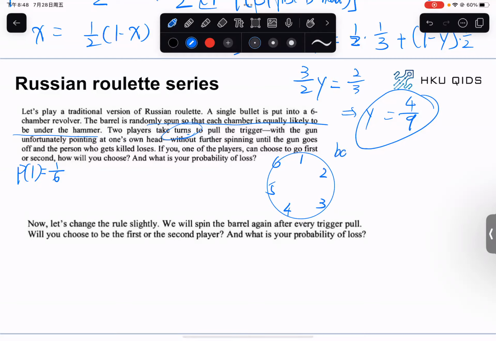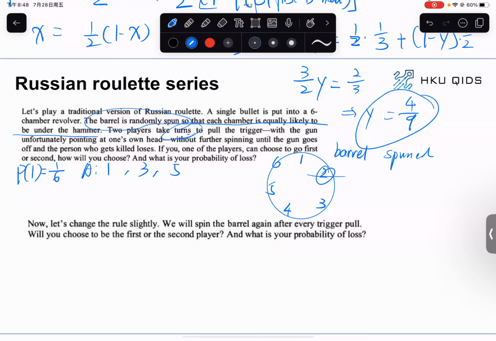Once the barrel is randomly spun, the bullet has its position fixed. And the first player is only going to be killed if the bullet is at the 1st, 3rd, or 5th position.